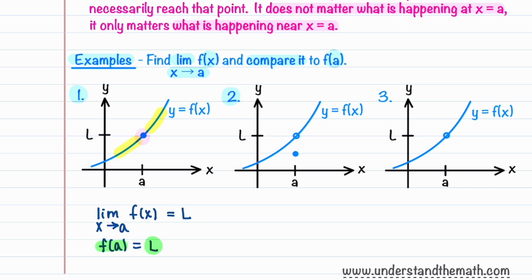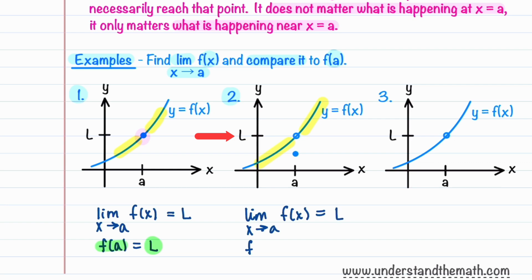Let's now look at our second example. We're going to look at the limit as x goes to a of f of x. Let's go back up here to the graph and see what happens as we approach a from the right and from the left. Our function value is going to get closer and closer to L, so that's what our limit is equal to.